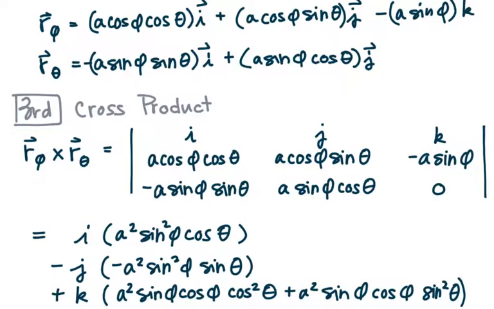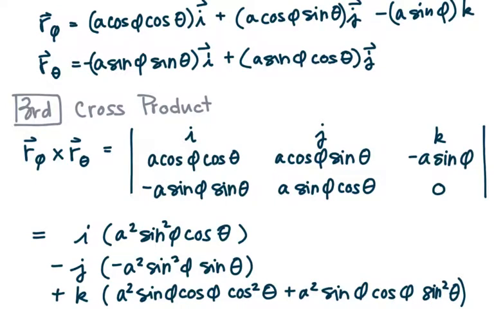Finding the determinant of this 3 by 3 matrix, we're going to end up with i, a squared sine squared phi cosine theta, minus, remember it's always minus, your j, and then we've got negative a squared sine squared phi sine theta, plus k, and this one's really long: a squared sine phi cosine squared theta, plus a squared sine phi cosine phi sine squared theta.